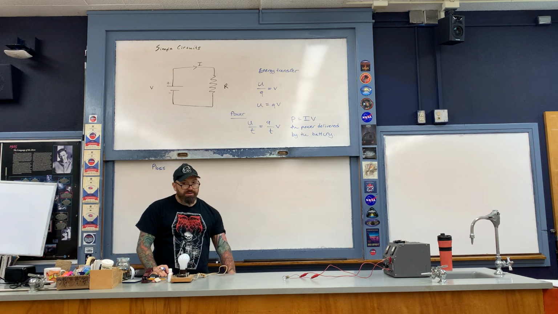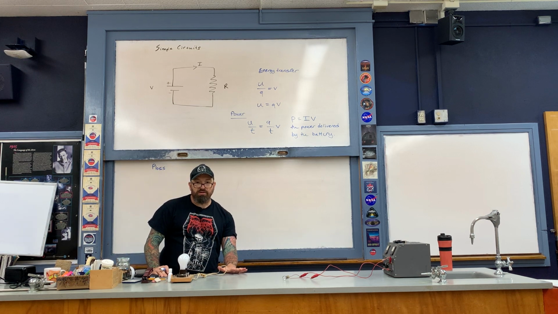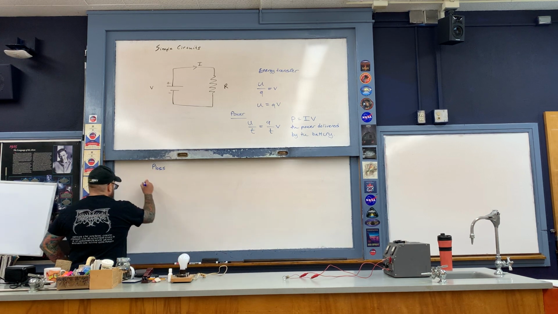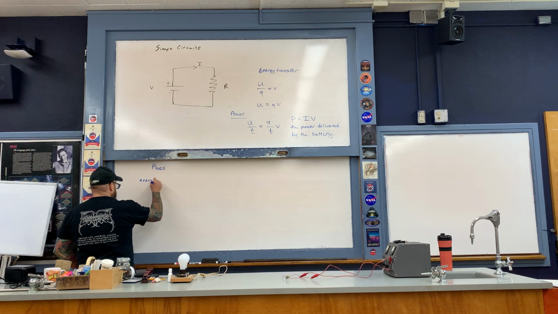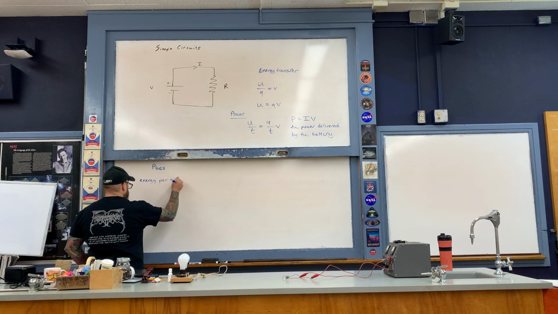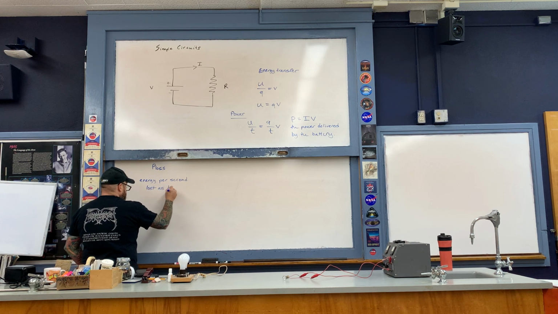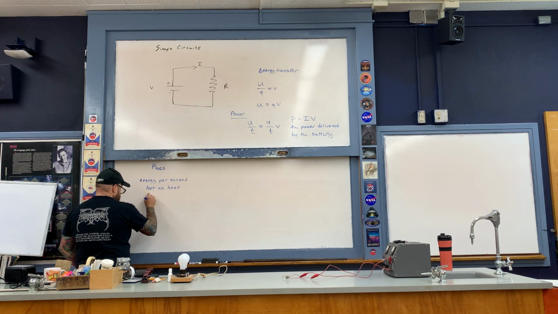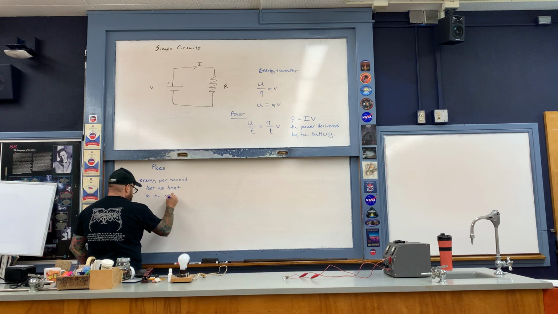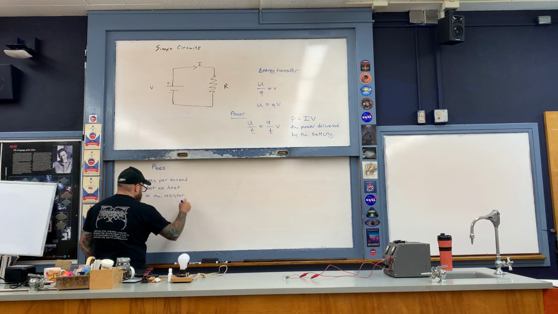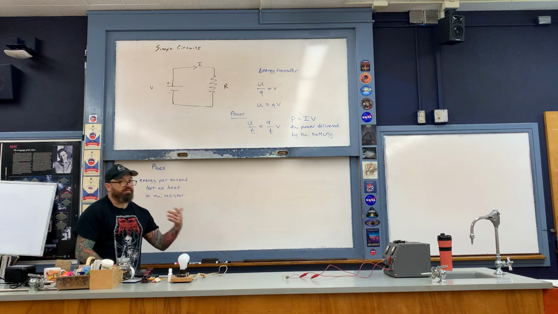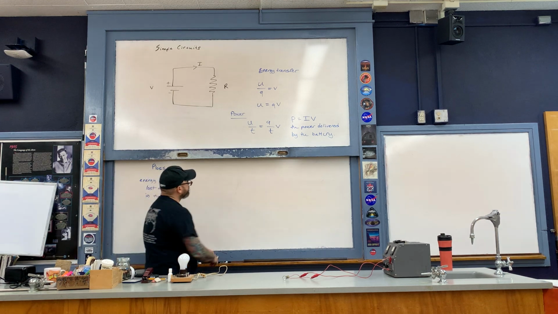The power loss is the amount of energy per second that is lost as heat, lost as heat in the resistor. Okay, let me go back up to my diagram above here to illustrate.